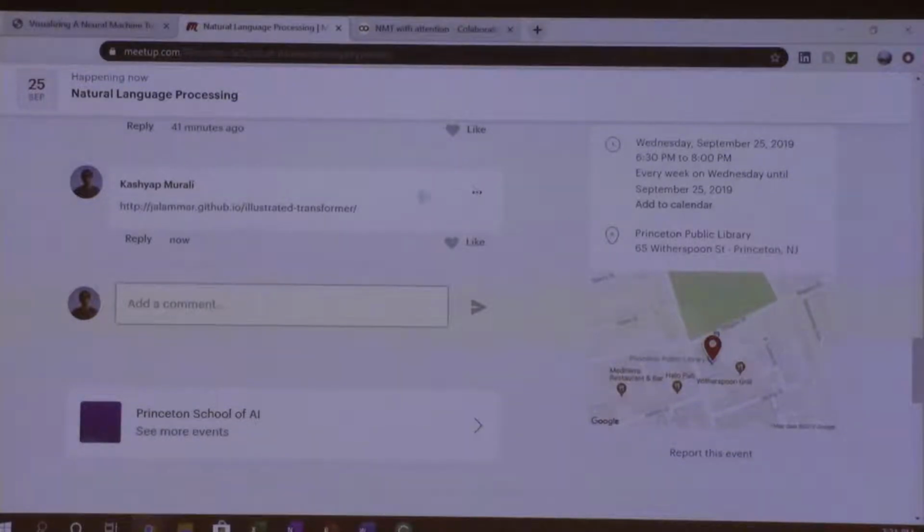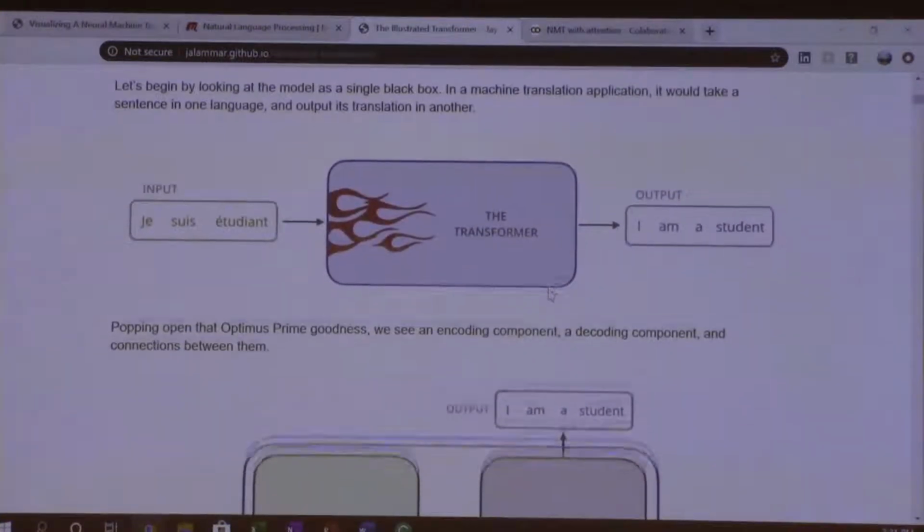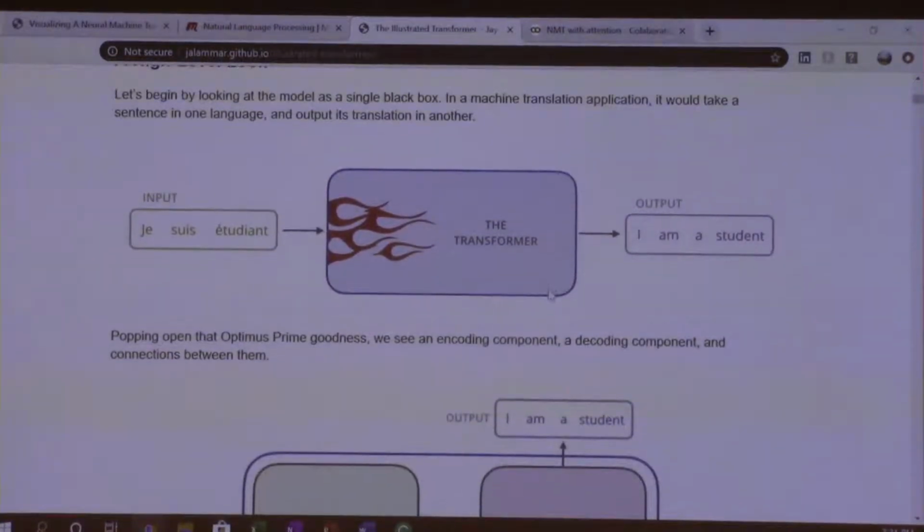Illustrated transformer. We'll give 2 minutes for everybody to do that. I really want to pull up a visualization, but I'm just going to do a walkthrough of this.